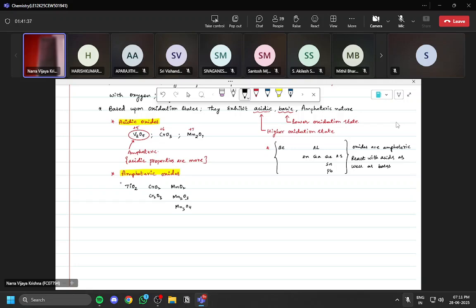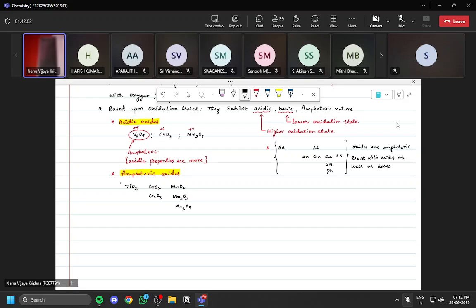Now once open your target booklet and check that oxides list. Zinc oxide is amphoteric. Already I told, no? Zinc oxide is amphoteric. Right? Other than this, I am showing the remaining. These three are acidic. These six are amphoteric.